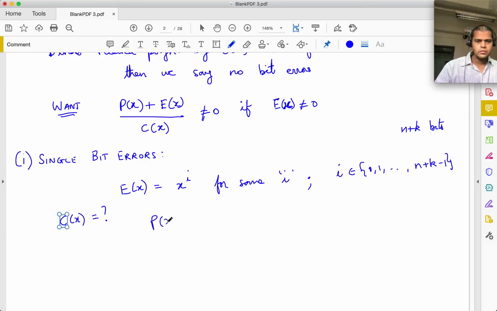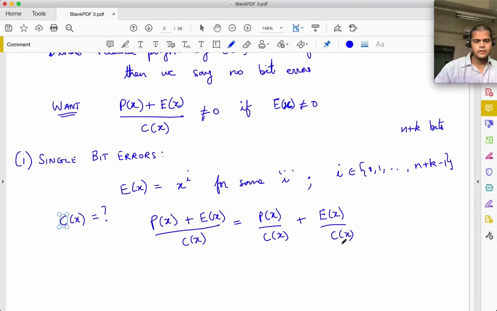P of x plus E of x divided by C of x, I can write as P of x divided by C of x plus E of x divided by C of x. Now the way we've constructed the CRC, the first term is actually going to go to 0.